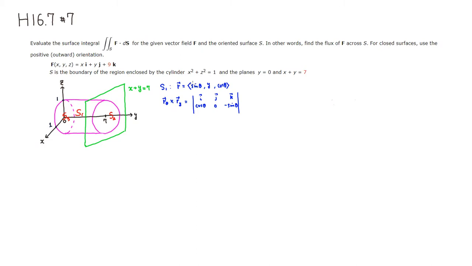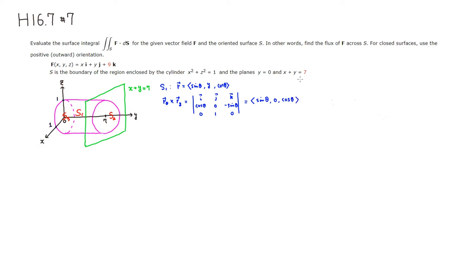The partial with respect to y is 0, 1, 0. So the first component is sine of theta, the second component is 0, and the third component is simply cosine of theta.